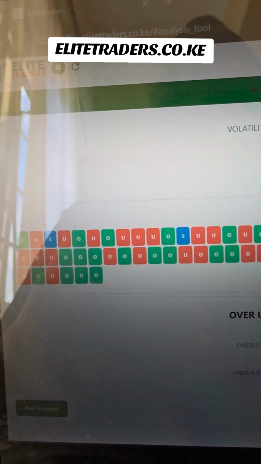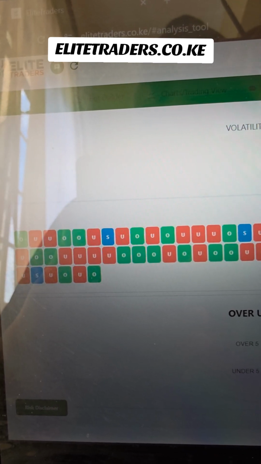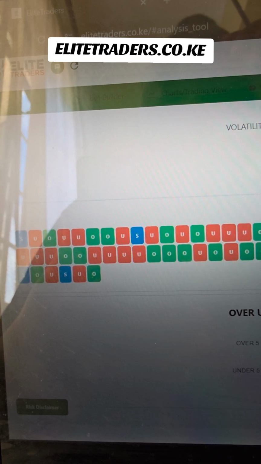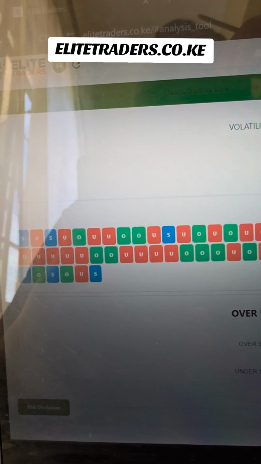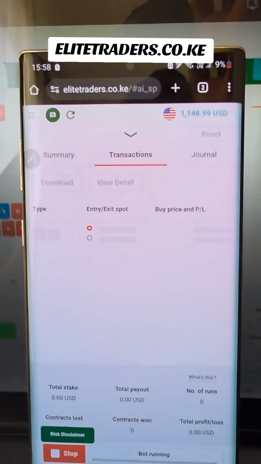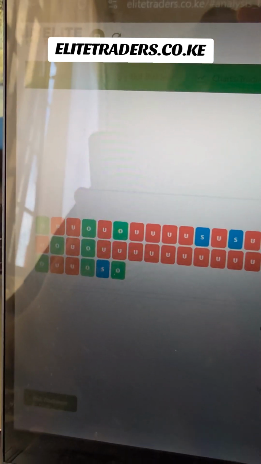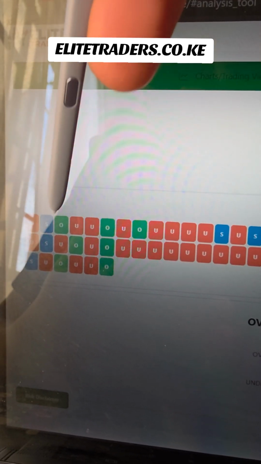Then the robot will run on over. That is our entry point. This robot will be executing all trades with the entry point. You can see currently no trade has happened because the robot hasn't spotted any entry point.